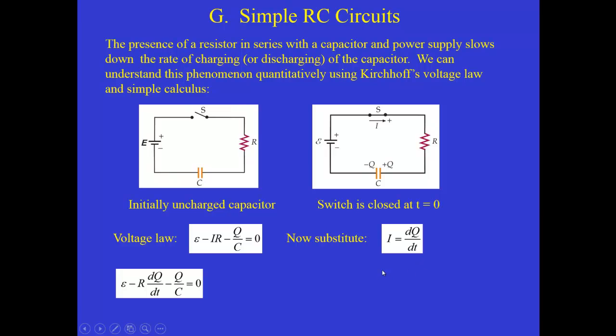So making that substitution for I gives us this equation, and now what we can see is we have a very simple differential equation because the variables are Q and time t. Everything else in the equation is a constant. So we should be able, with a clever mathematical technique, to solve for the charge as a function of time.